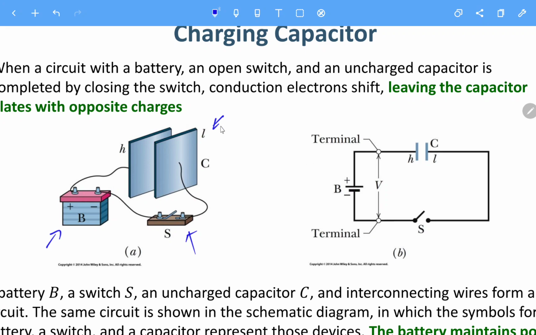Actually this is a picture, and usually when we draw a circuit diagram, we use some symbols. For example, this one is a symbol for the battery. I think even in high school you might have learned this before, maybe in chemistry class or physics class. Sometimes I will use another symbol to specify a battery, like this.